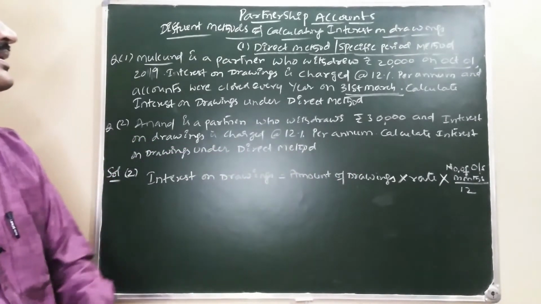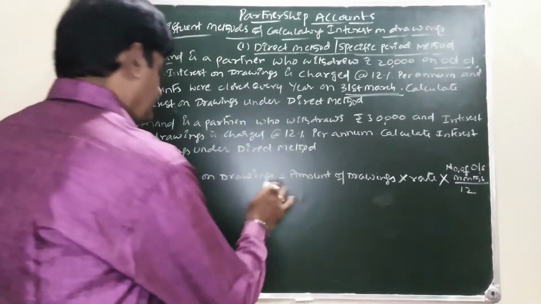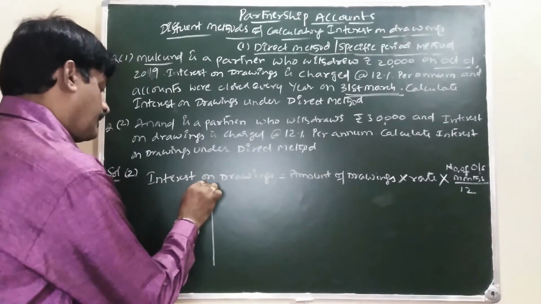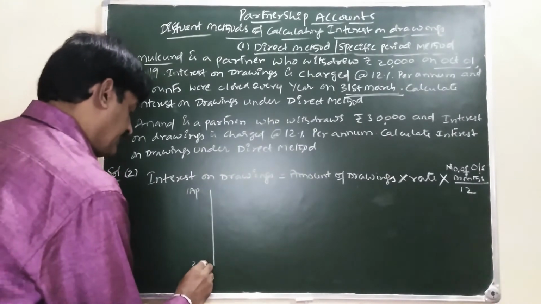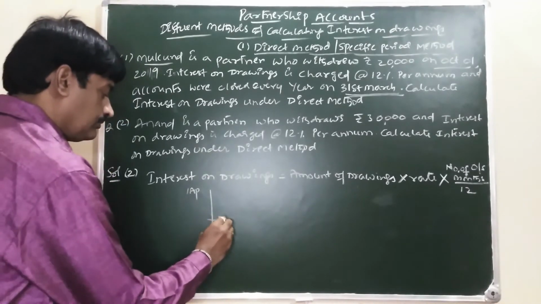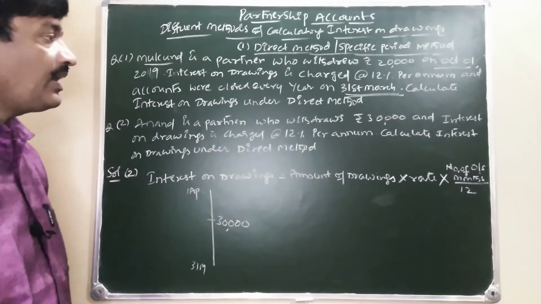Divided by 12 months. Now, during the accounting period, April 1st ends with 31st March. How much withdrawn? 30,000 withdrawn.